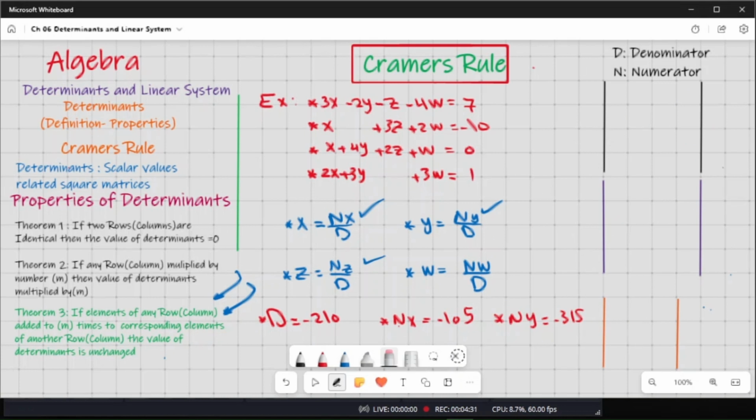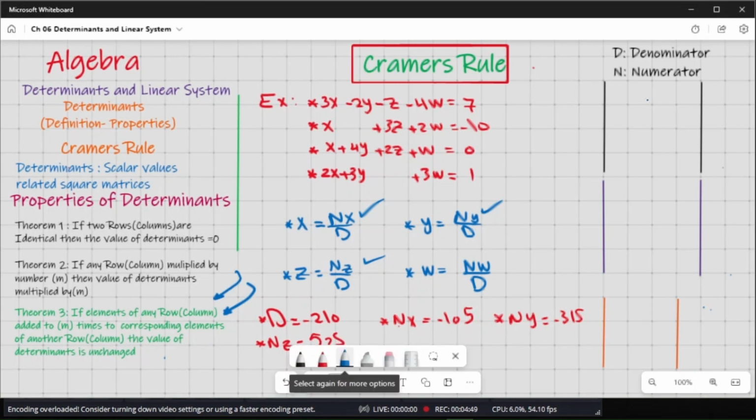So nz equal to 525, and for nw we have here 3, 1, 1, 2, negative 2, 0, 4, 3, negative 1, 3, 2, 0. Here we have 7, negative 10, 0, 1.